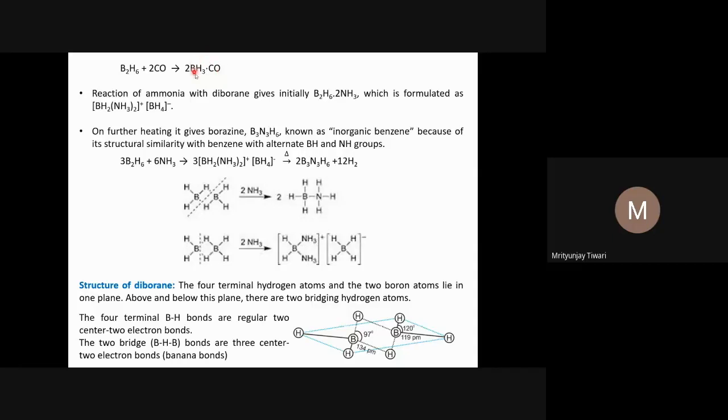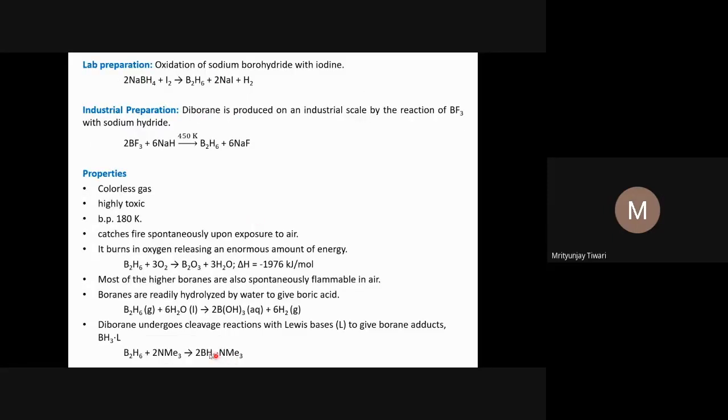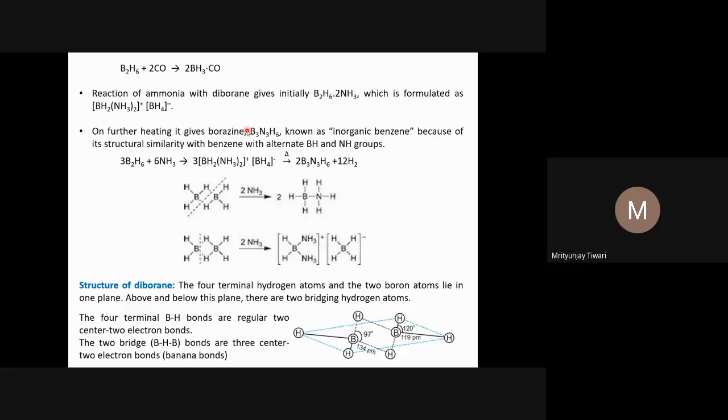And BH3CO is a single adduct. The coordinate bond is there between one BH3 and one CO unit, similar to that we saw in this case. In one BH3, the lone pair is now pushed into the vacant p orbital of boron to form this coordinate bond, a covalent coordinate bond.